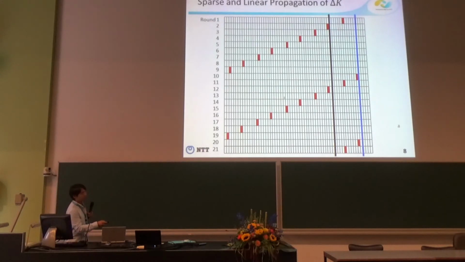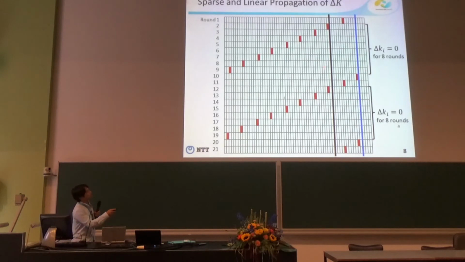But again, this part is skipped. So we can control that the key difference propagation is completely linear, which helps the analysis. And you can see that for A-trans we have no key difference, and here also for A-trans we don't have related key differences.